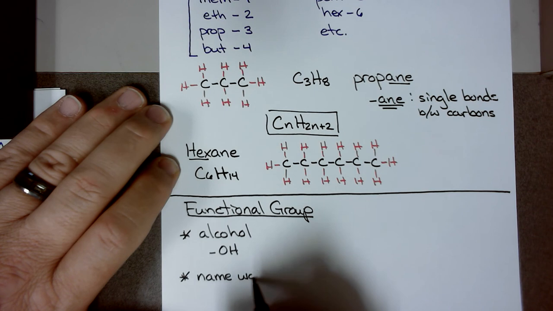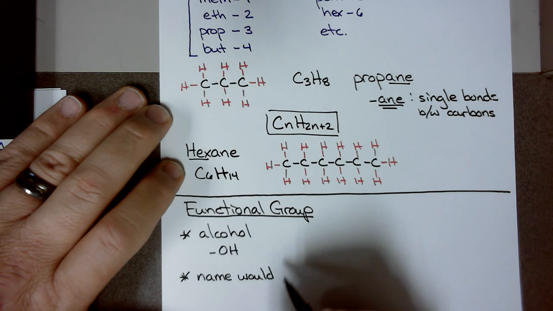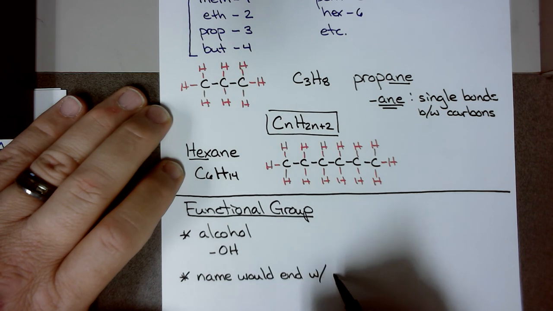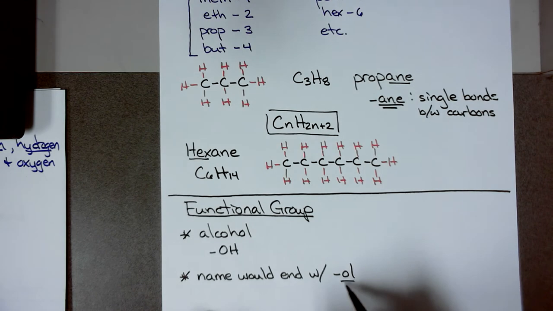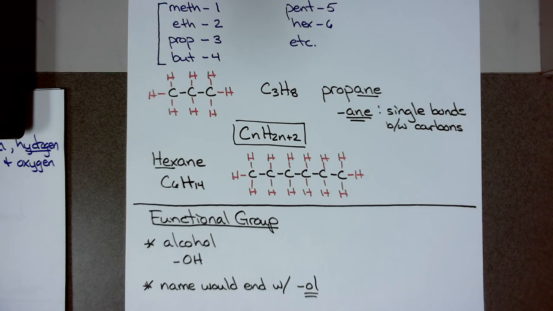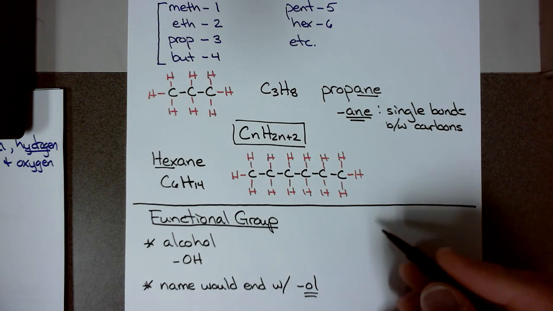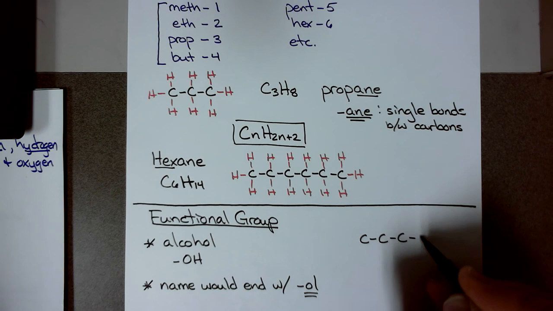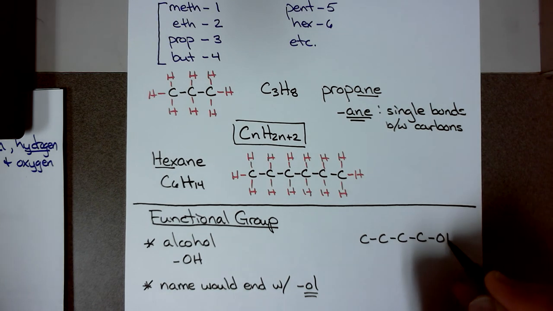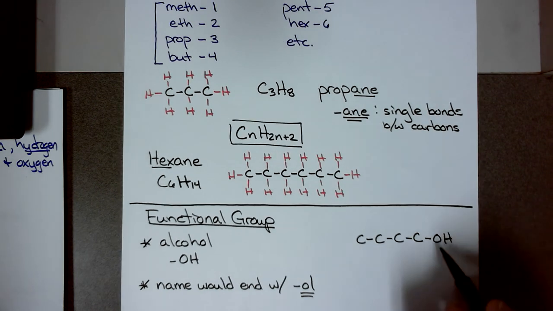So would end with the suffix OL. Okay? So how do we do that? So let's look at one. Let's look at butanol. So let's say 1, 2, 3, 4, and then we put the OH on there. The OH is the alcohol.